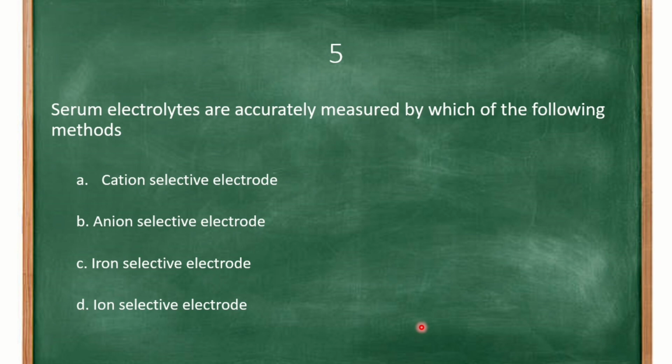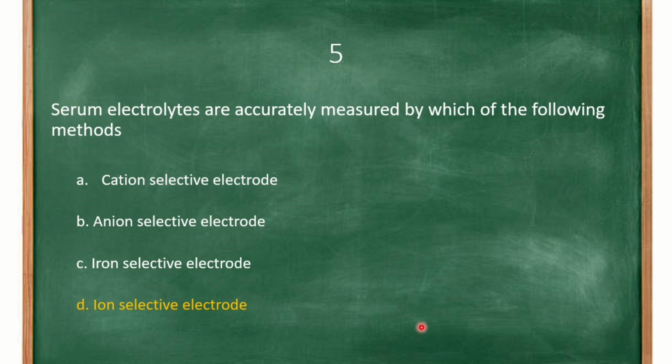Then D is ion selective electrode. Okay, so the correct answer for this is D, ion selective electrode. Ion selective electrode is the best method for measuring serum electrolytes. Option A and option B are almost the same thing, but they are more specific.